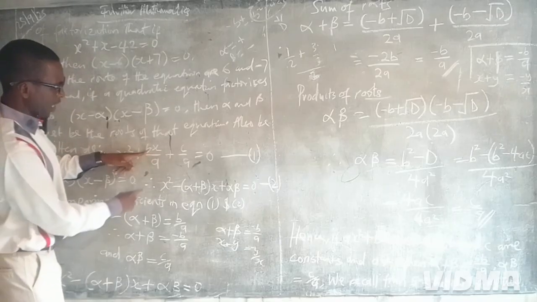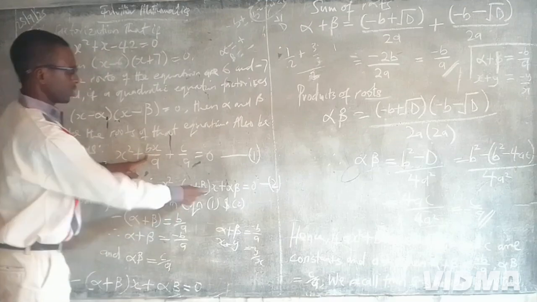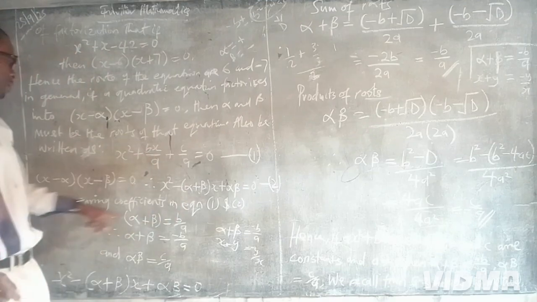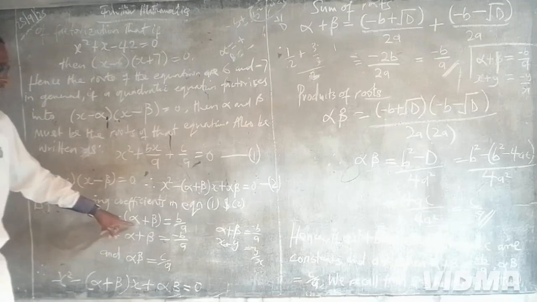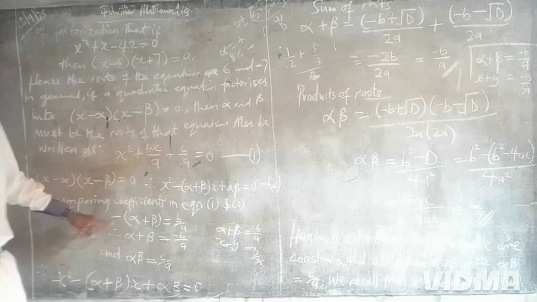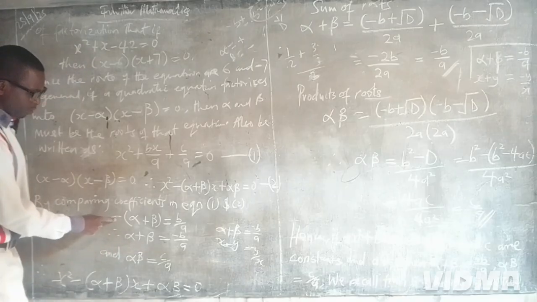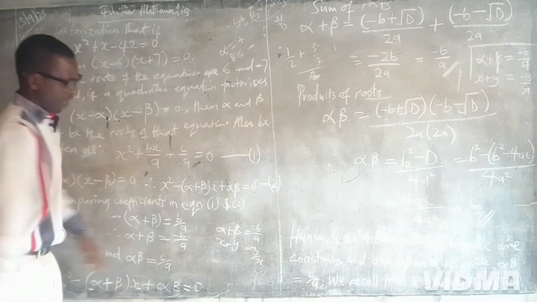What about the second one? This bx over a is different from this one. So by comparing, we are going to have minus (alpha plus beta) equals b over a. Therefore, if you want to remove this minus, we multiply by minus, and we get alpha plus beta equals minus b over a.